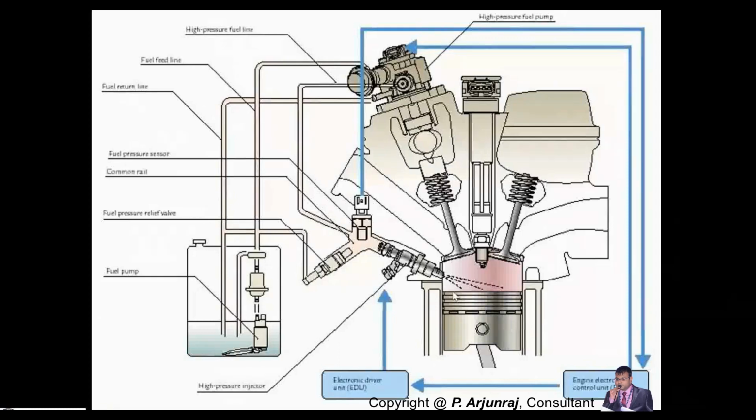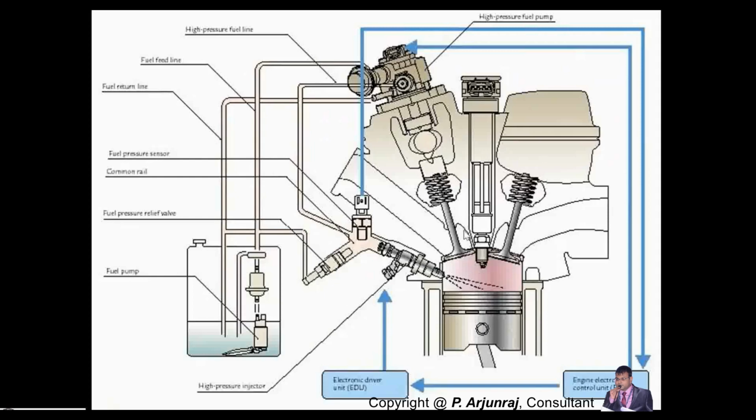Whereas in the case of the multi-point fuel injection system, or the single point injection system, this is the valve. The air-fuel mixture comes into the combustion chamber through the intake valve.